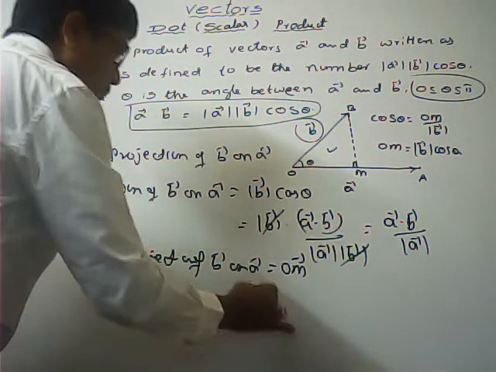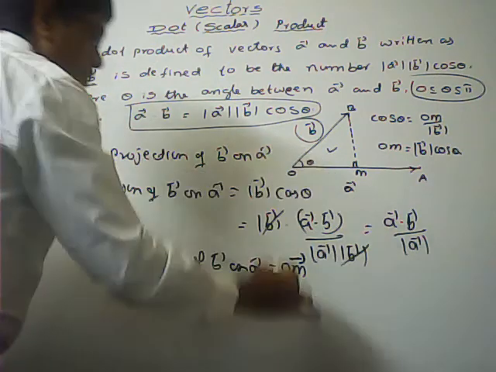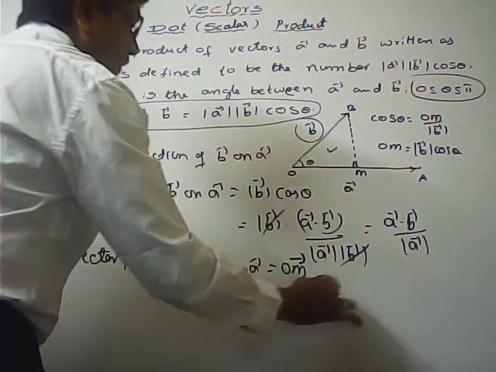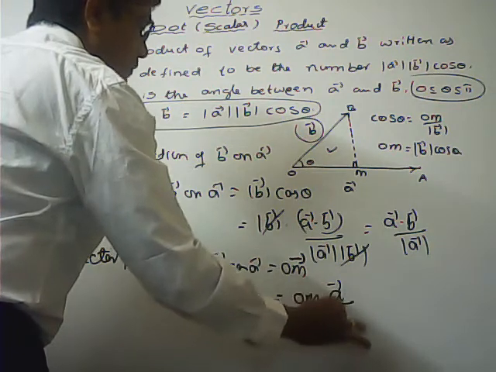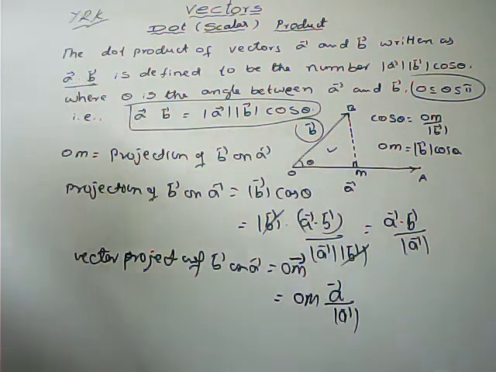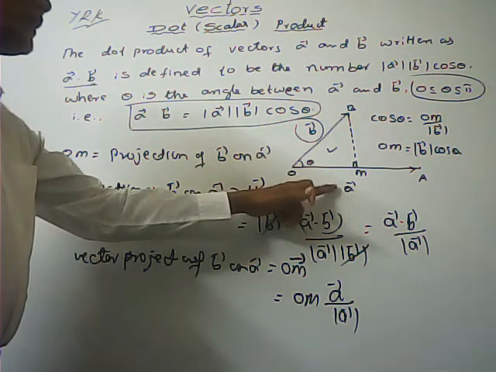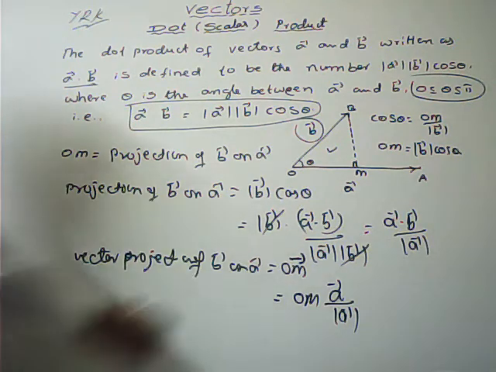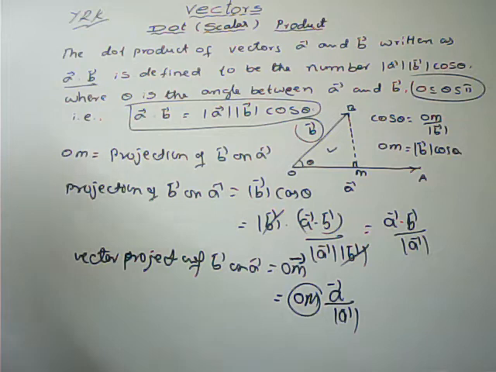If I want the vector, that scalar should be multiplied by the unit vector in that direction. The unit vector in the direction of A bar, A cap, is equal to A bar by modulus of A bar.